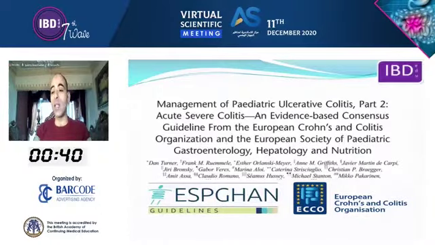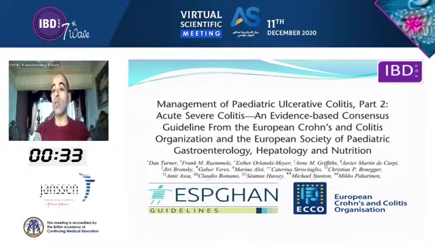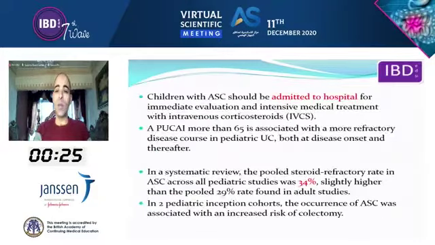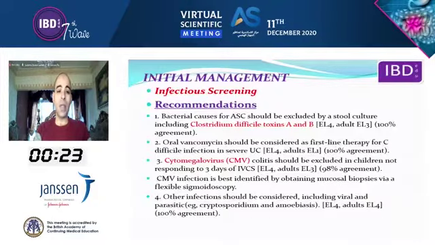For acute severe colitis, I think we repeat the same as Professor Allen said before for acute severe UC or ASUC with some few differences in children. I will be rapid. Only recommendations.